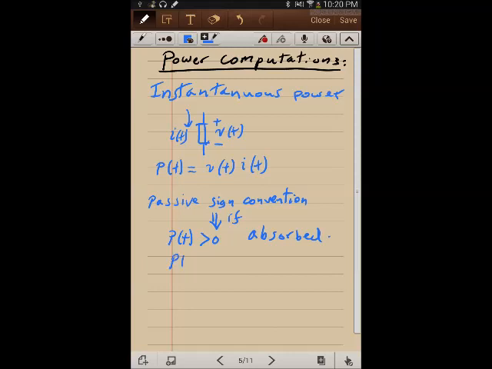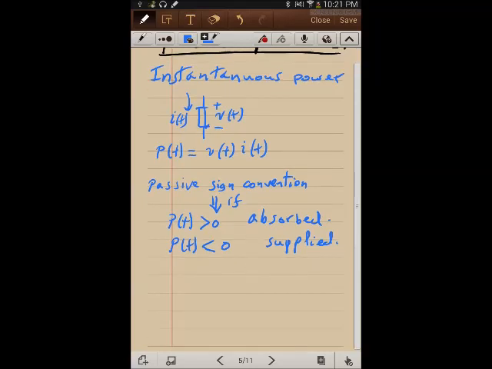If the power as a function of time is less than 0, then the power is supplied or delivered. That means when the power is positive, this is a load. When the power is negative, this is a source. I will give an example to illustrate this concept.